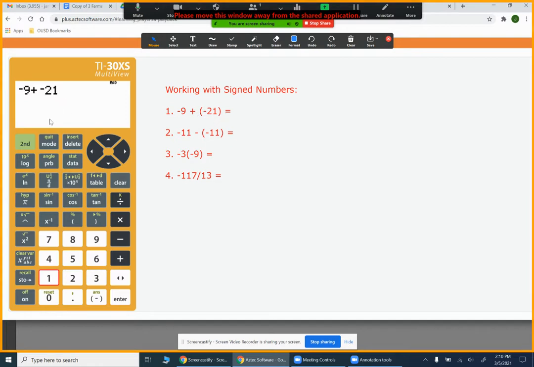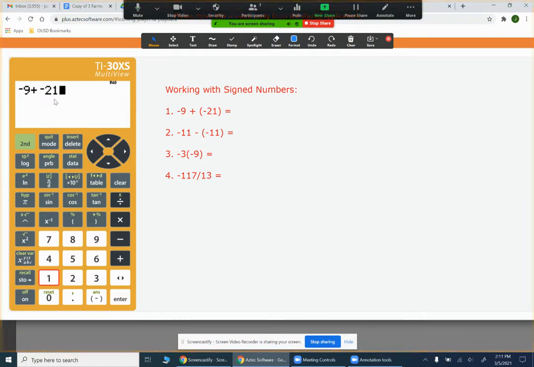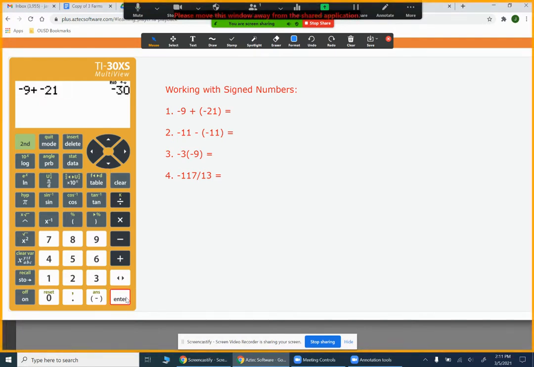But when we punch the numbers and the signs into the calculator, we could just put it in without the parentheses. Once you check your numbers, make sure you have -9 plus -21, then you press enter, and that gives you -30. So that's what we just type into the answer, -30.